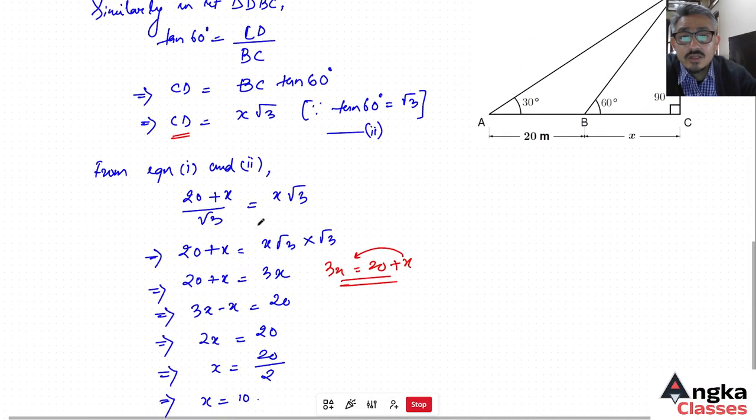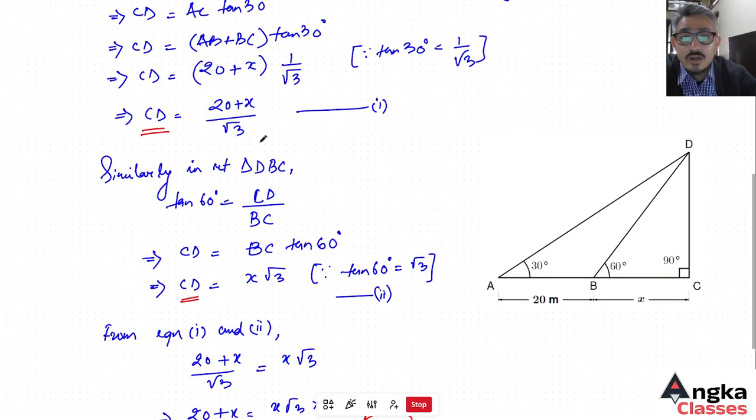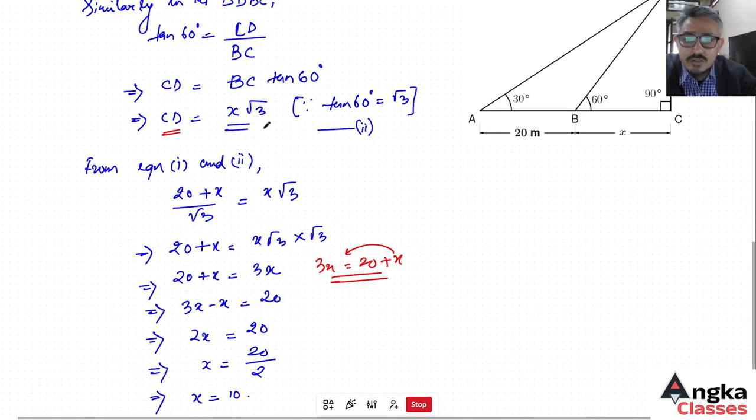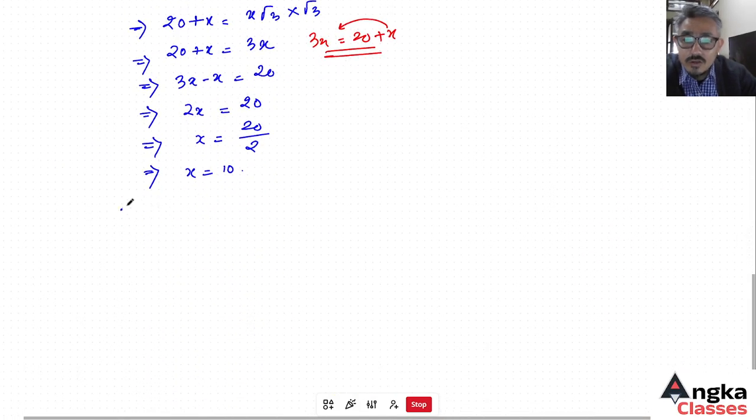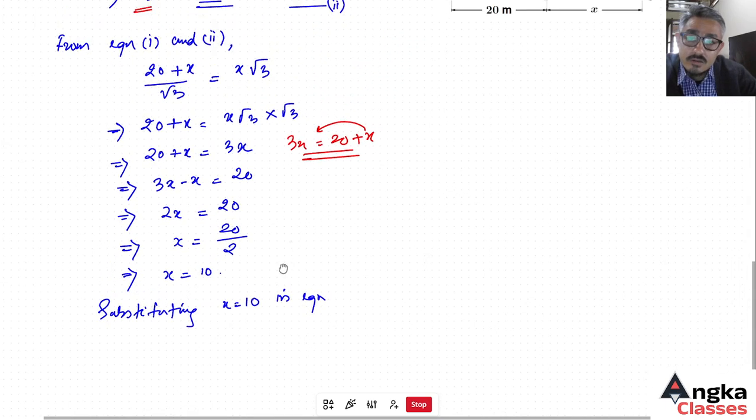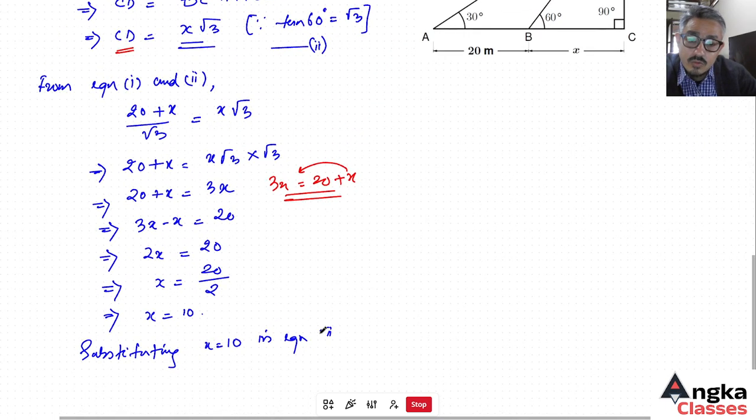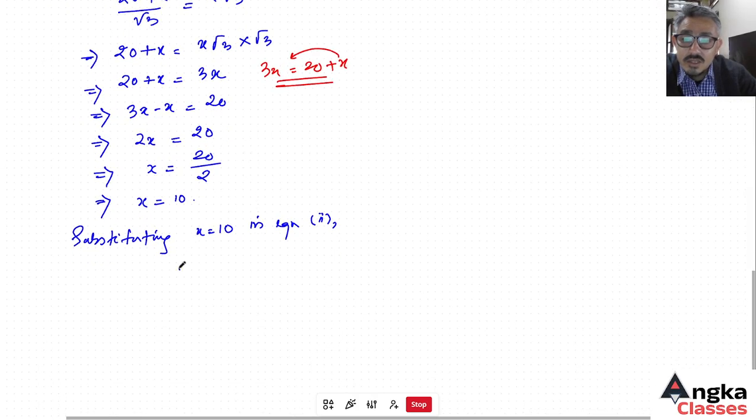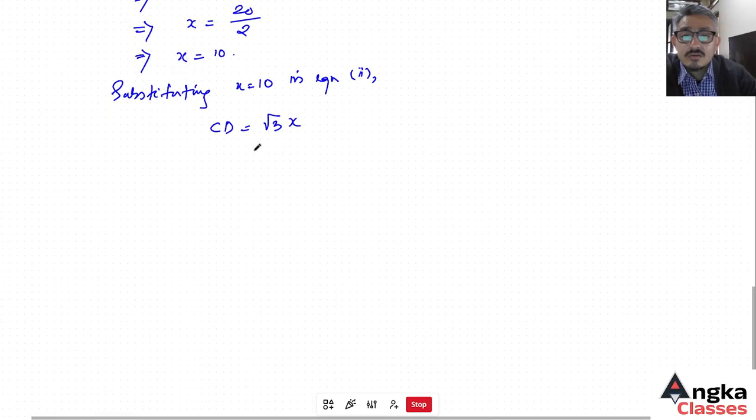Now substituting x is equal to 10 in equation 2, CD is equal to root 3 x.